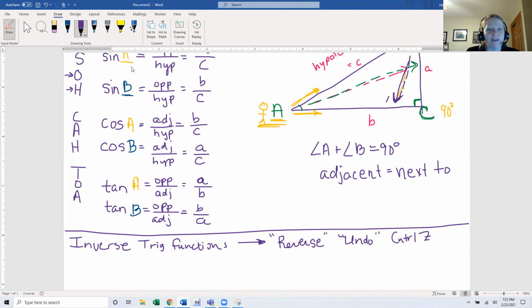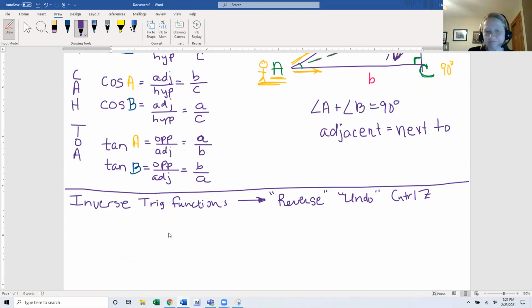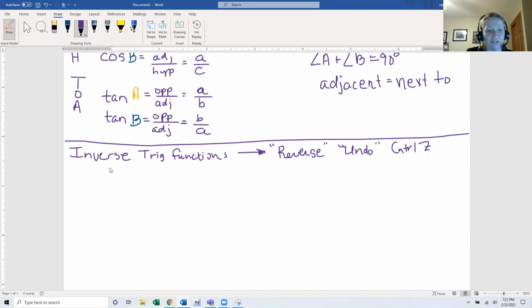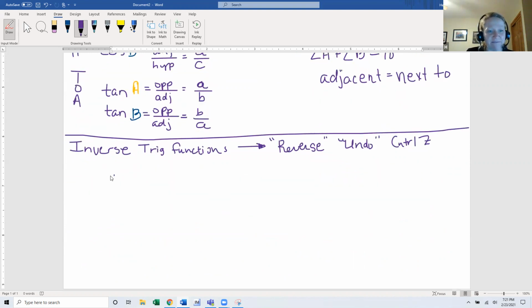So each trig function has its own inverse function, which looks like this. So we have sine minus 1. This is the inverse trig function. On your calculators, it will say sine minus 1.